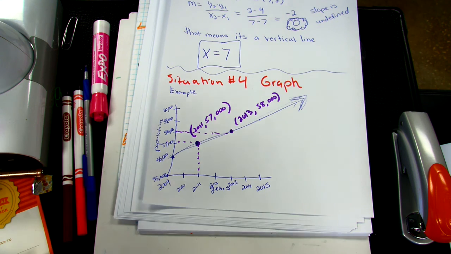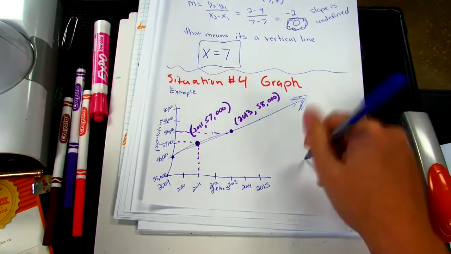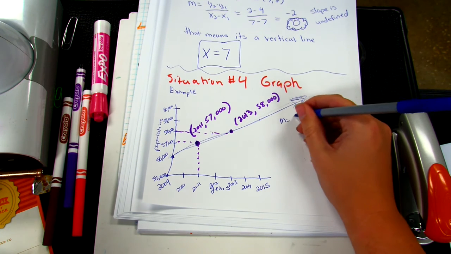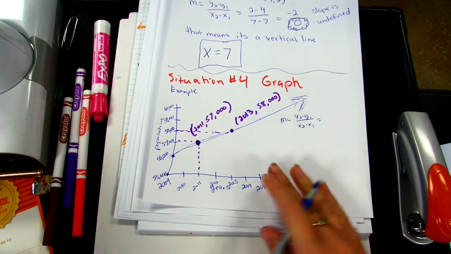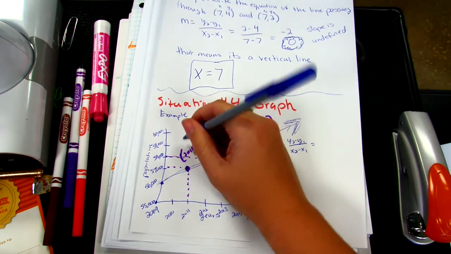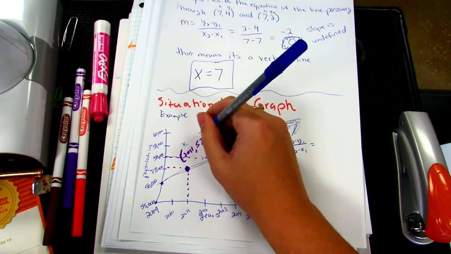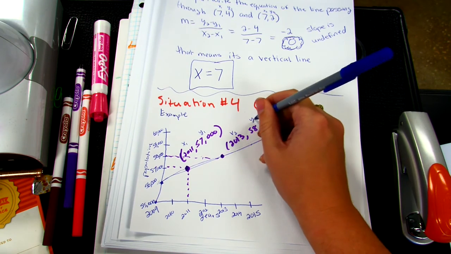So now I can figure out my slope, right? Because slope is y2 minus y1 over x2 minus x1. So I'm going to let this be x1, y1. This is x2, y2.